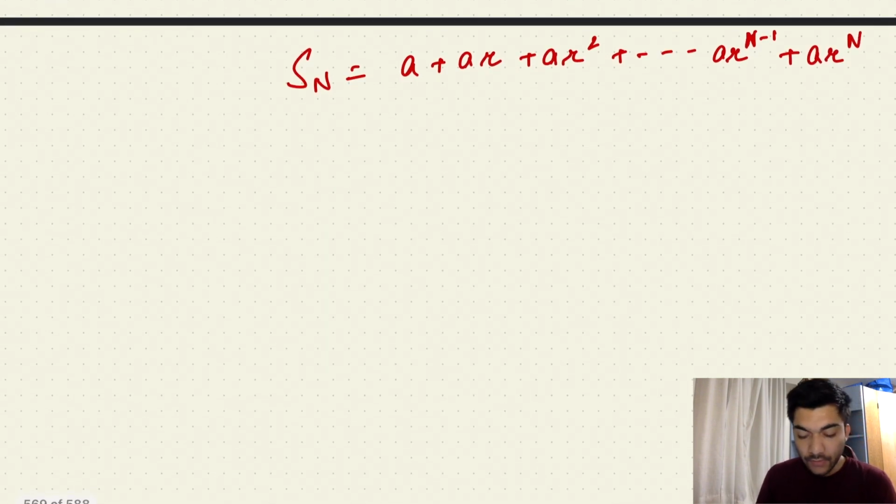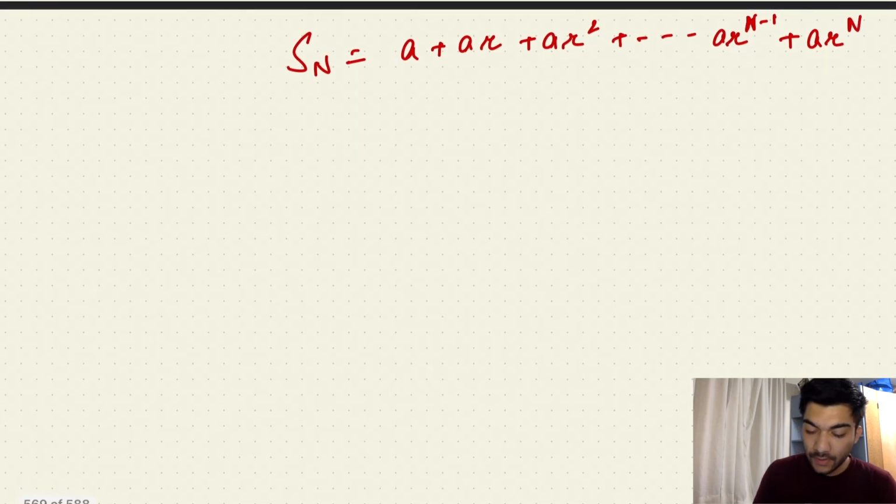And there is a trick to solve this. There is a trick to simplify this sum expression so that we can get rid of most of the terms and have a very small formula for the sum computation. The process is, you can notice that if we multiply r to our Sn expression, this term will become ar, this term will become ar square, this term will become ar cube.